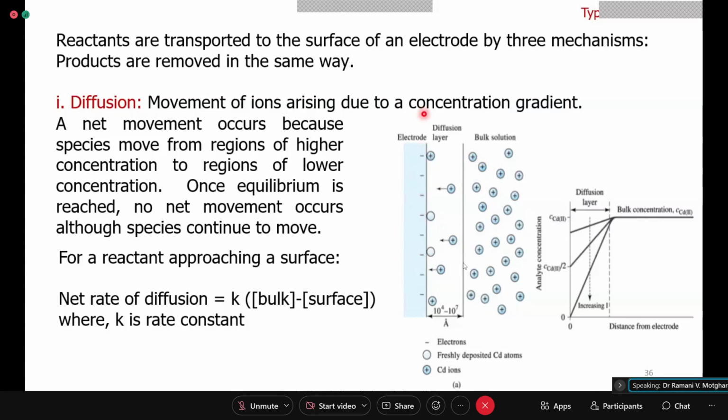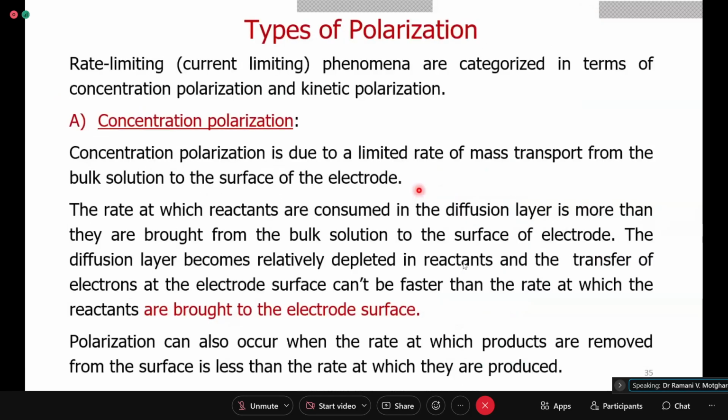So when you start this electrolysis and go on increasing the potential, a time reaches when it gets polarized and only negative ions are there in this particular Nernst layer, the diffusion layer. Because of this, your electrode is getting concentration polarized. So that is the meaning of concentration polarization.